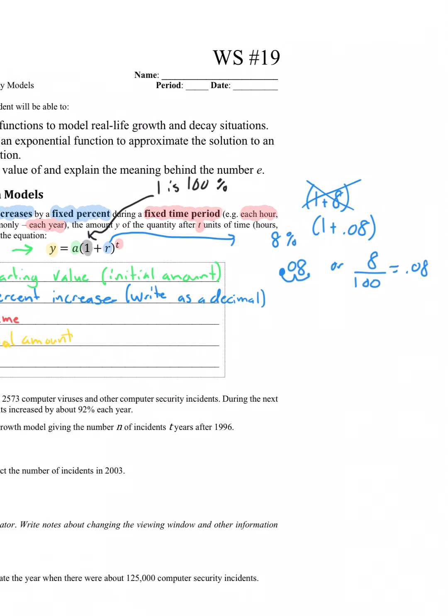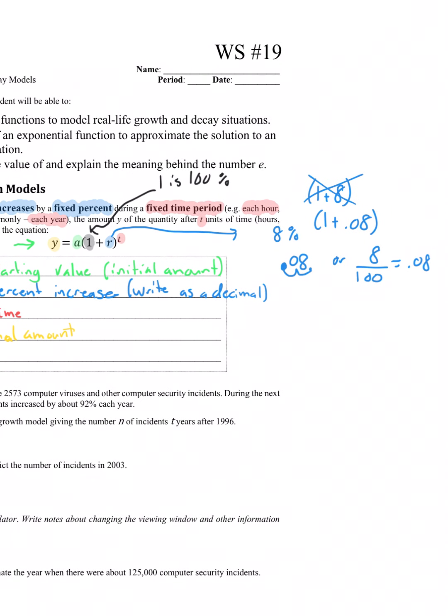And if you say, hey, we're going to grow something by 8%, what happens is 1 plus 0.08 is 1.08. And just like what we saw in the warm-up, this number is larger than 1. That's an example of exponential growth.